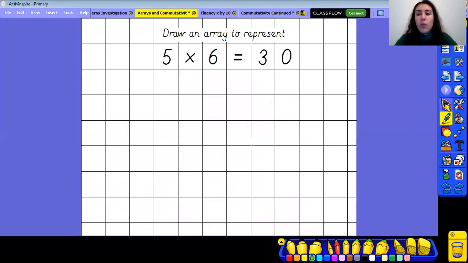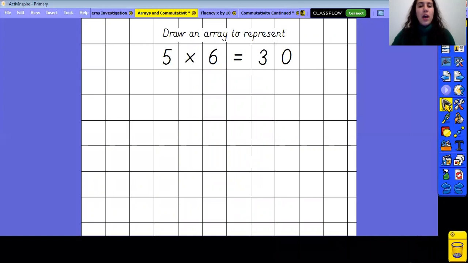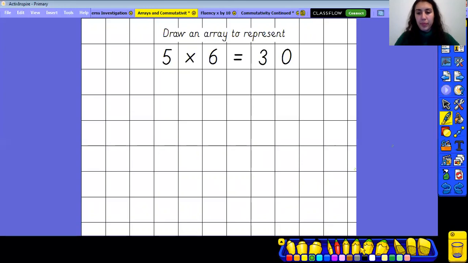Fantastic. So I've got now a multiplication equation, and it's our job to create our own array for this. Now, it can be a bit tricky to draw lots of circles. So what I'm going to do is I'm going to draw an X. I'm going to draw my array using X's. So 5 groups of 6.